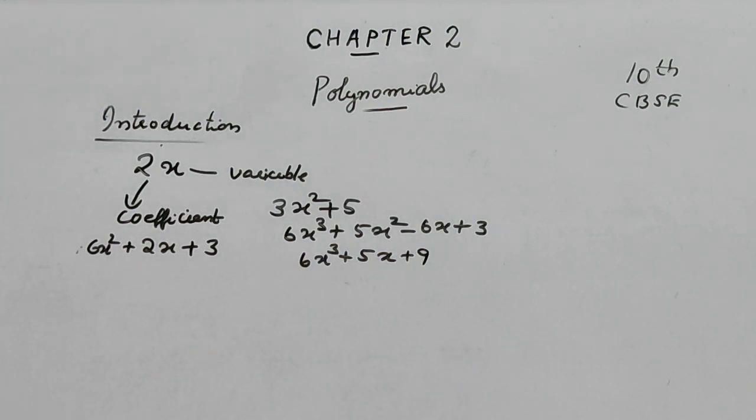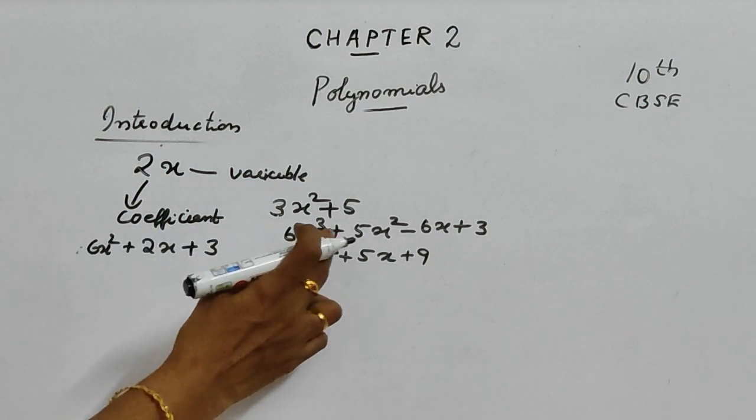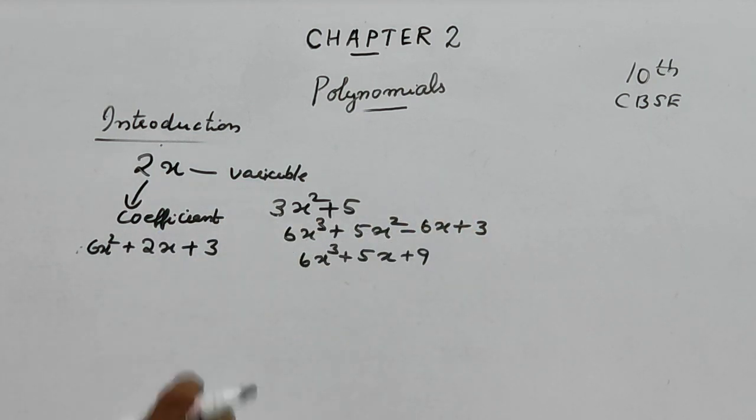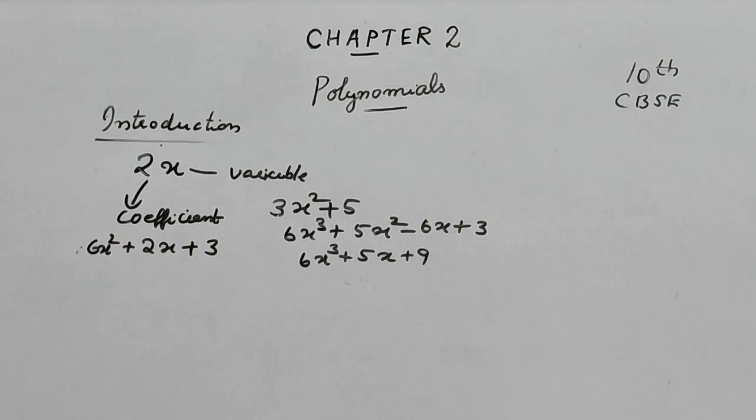See here, that is 3 term. Here 1 term, here 3 term, here 2 term, 1, 2, 3, 4 term, here 3 terms. See here, according to the number of terms, we can call the polynomial.